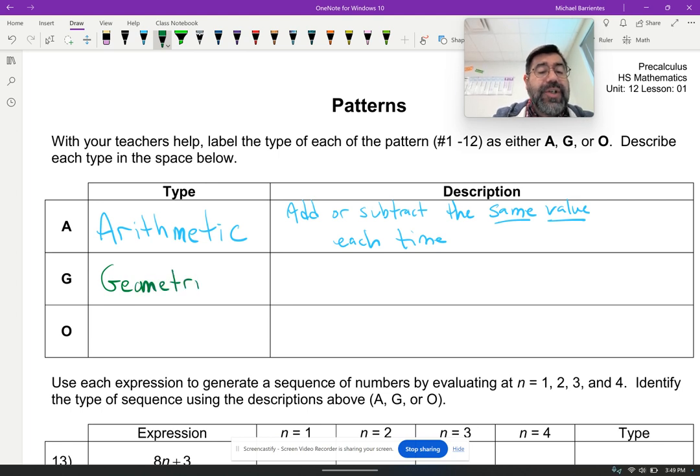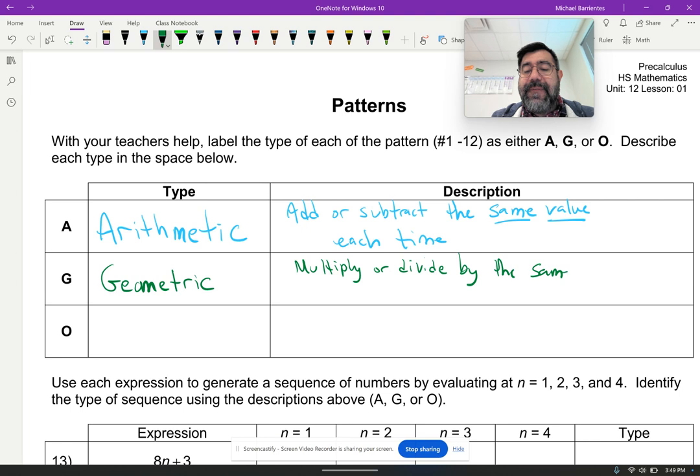For those of you with a good memory from Algebra 1, I think you all talked about these two types of patterns in Algebra 1. Geometric patterns multiply or divide by the same value each time.